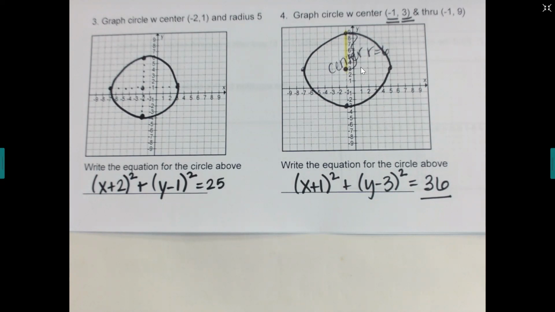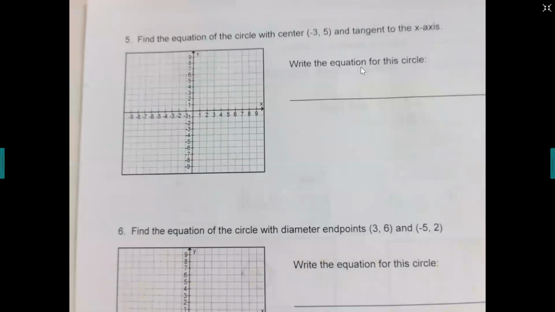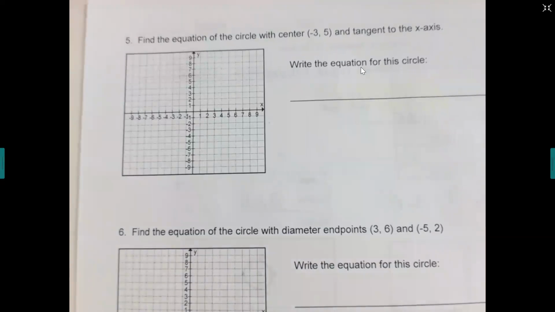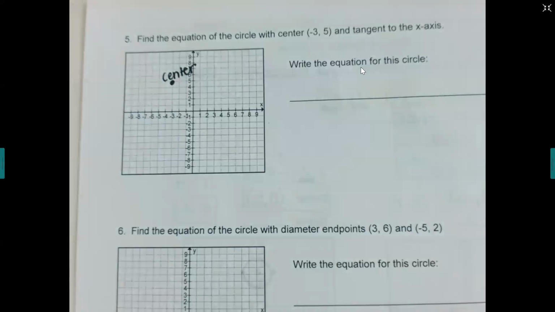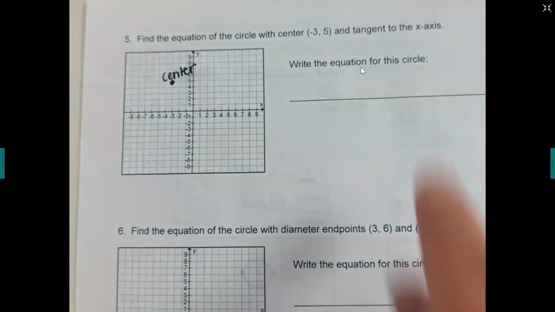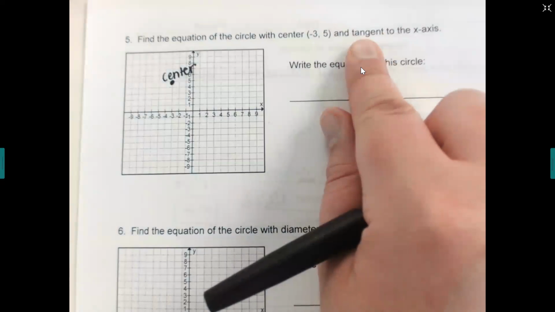Okay, a little bit of geometry words coming up on the next page, but overall, it's the same thing. Okay, so look at number 5. It says my center is (-3, 5). So (-3, 5) is here, that's the center. And then it says it's tangent to the x-axis. Do we remember what tangent means?